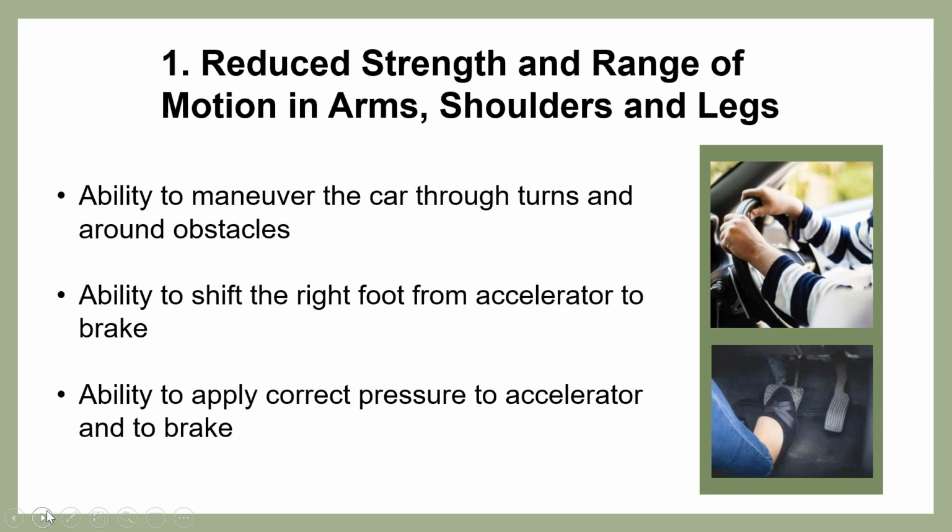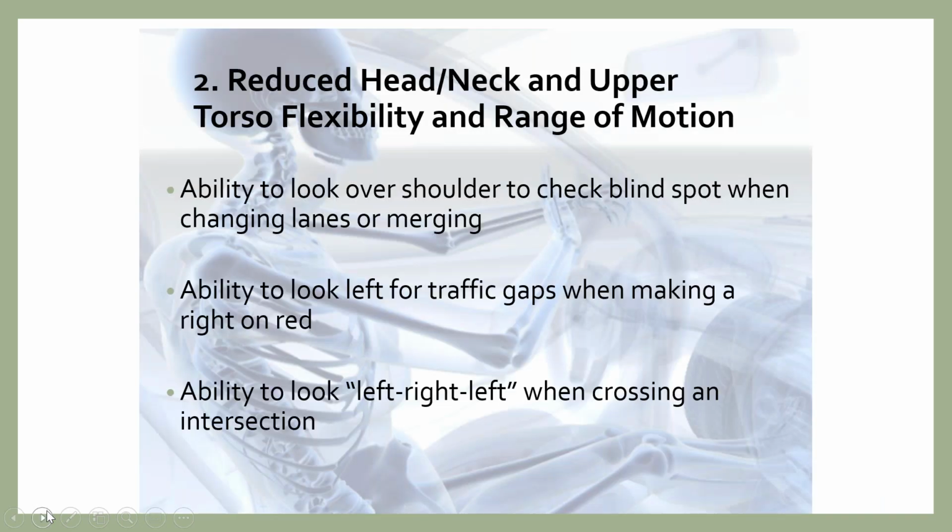So reductions in strength and range of motion for arms and shoulders and legs, these involve the tasks of turning a steering wheel in a car, being able to maneuver around obstacles or turn through intersections. And for our legs, our ability to shift from the accelerator to the brake and applying the correct brake pressure. And reductions in head, neck, and upper torso flexibility and motion.